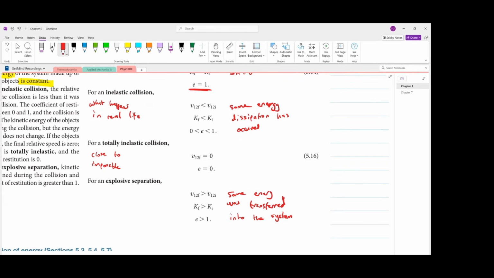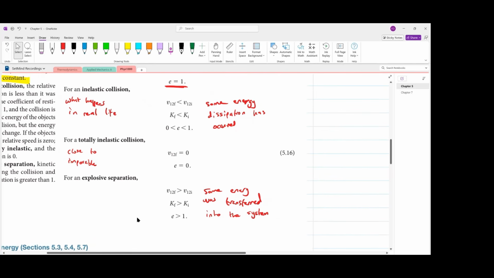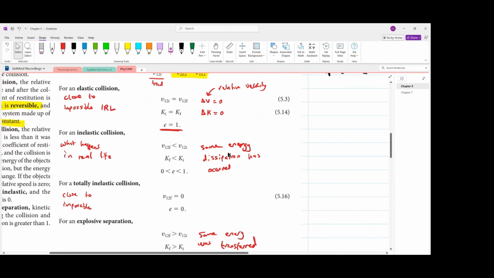So for me to create an explosive separation, let's think about a bomb, for example. For a bomb to go off, there was chemical energy that needed to be used, right? So it is possible to get an explosive separation. It costs energy, right? So it costs energy for an explosive separation, but for an inelastic collision, you lose energy, right?